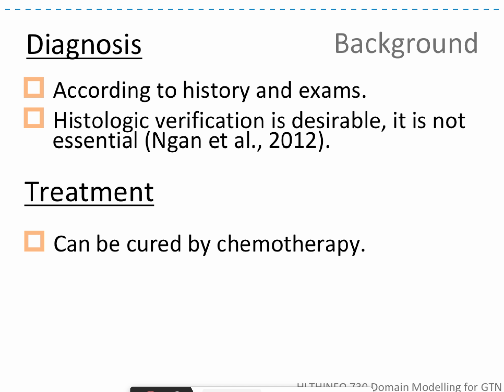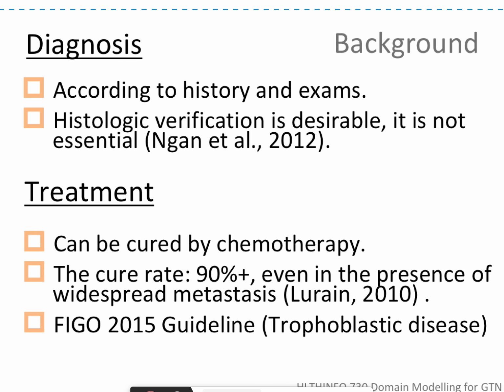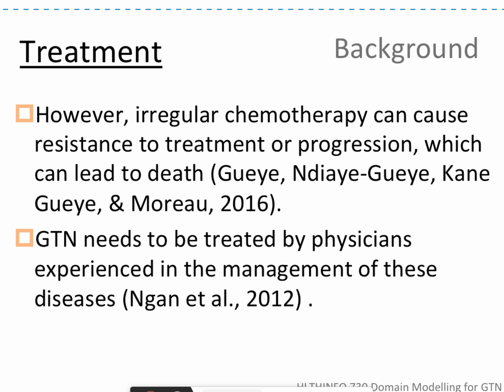GTN can be cured by chemotherapy. Its cure rate is greater than 90%, even in the presence of widespread metastasis. The FIGO guideline for trophoblastic disease is used to treat GTN by physicians all over the world.